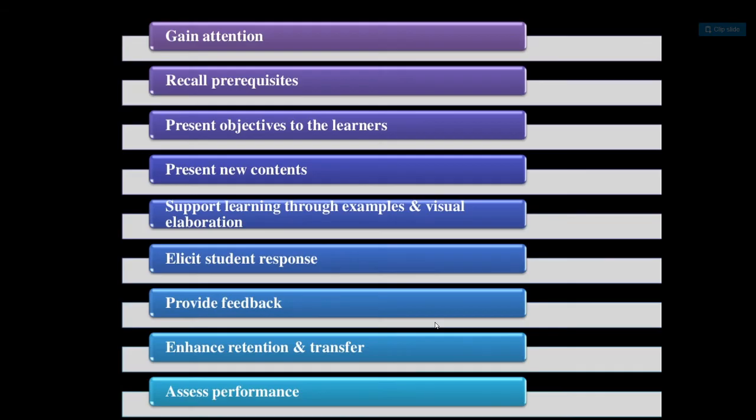Next is why we use AV aids: to gain the attention of the students, recall prerequisites, present objectives to the learners, present new content, support learning through examples and visual elaboration, and elicit student response.